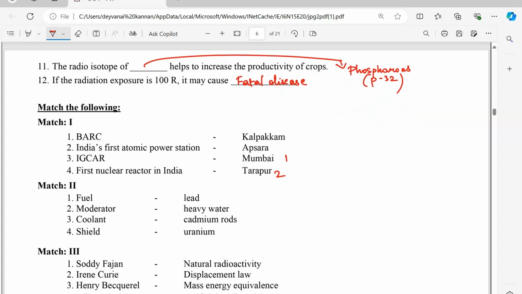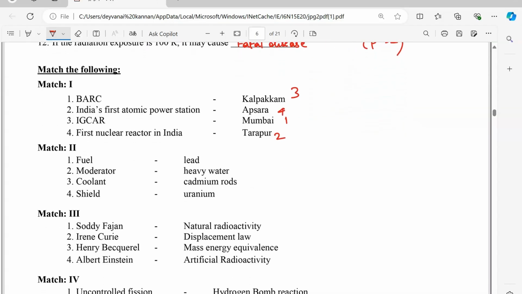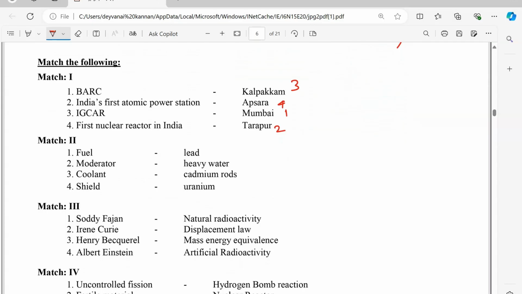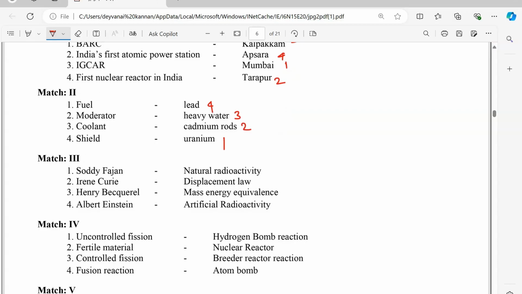IGCAR is in Kalpakkam. First nuclear reactor of India is Apsara. Fuel, uranium. Moderator, cadmium rods. Coolant, heavy water. Shield, lead. Soddy Fajans, displacement law.